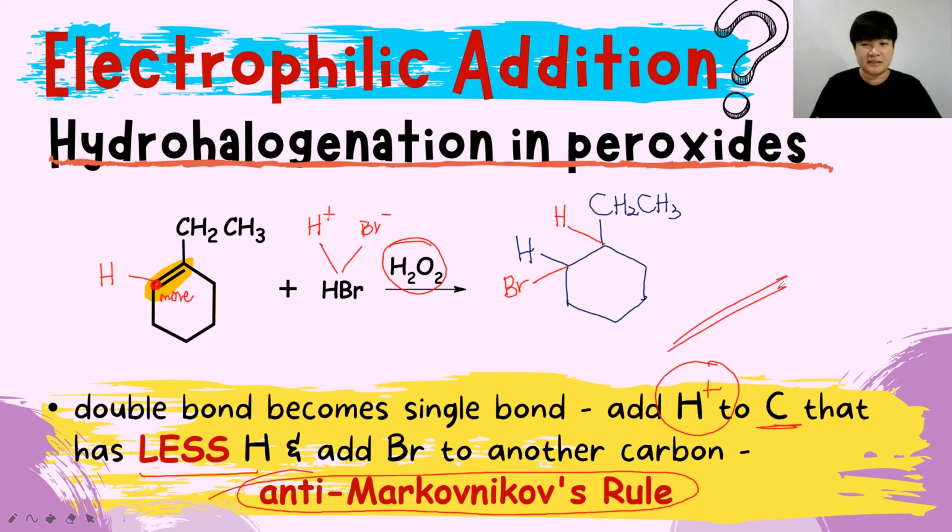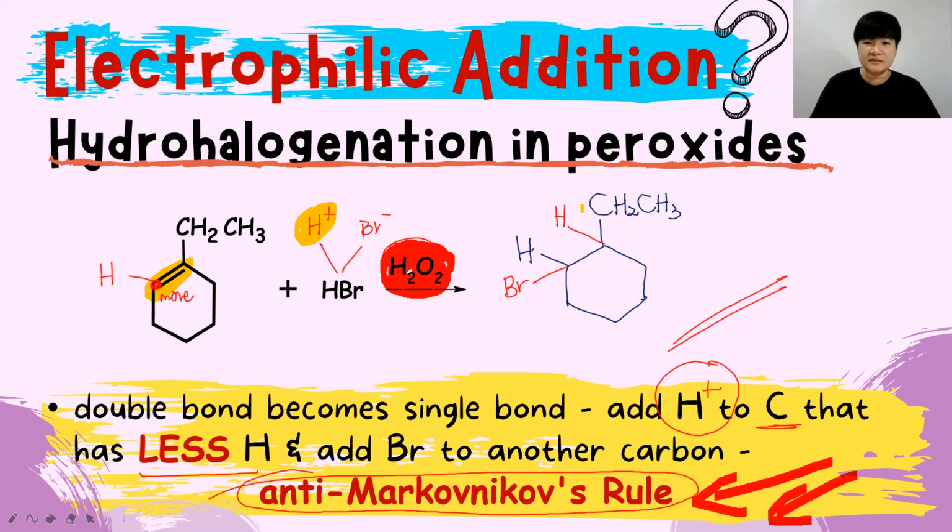And that is what we call anti-Markovnikov. I want to remind you again, your anti-Markovnikov will only happen when you have the presence of your peroxide, H2O2, and your electrophile H+ will be added to the carbon that has less hydrogen. Simple. And that's it for this video about electrophilic addition and Markovnikov rules.